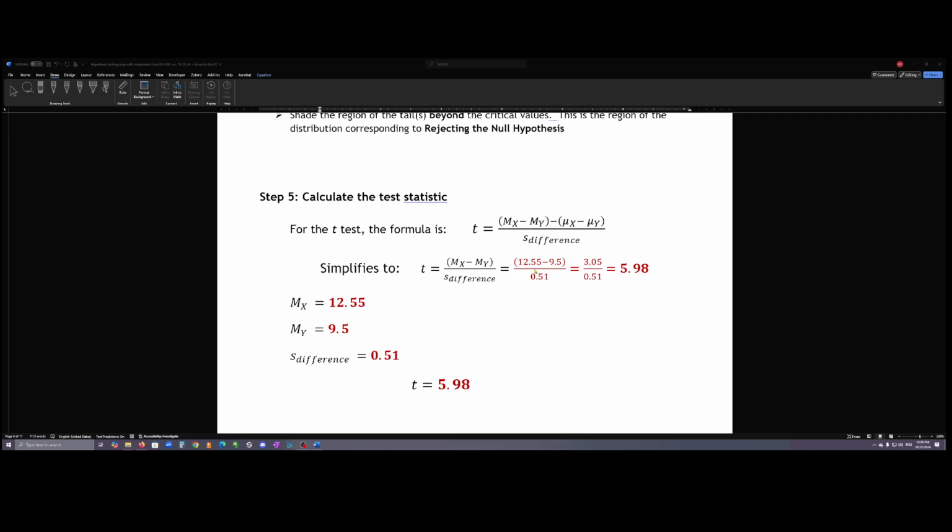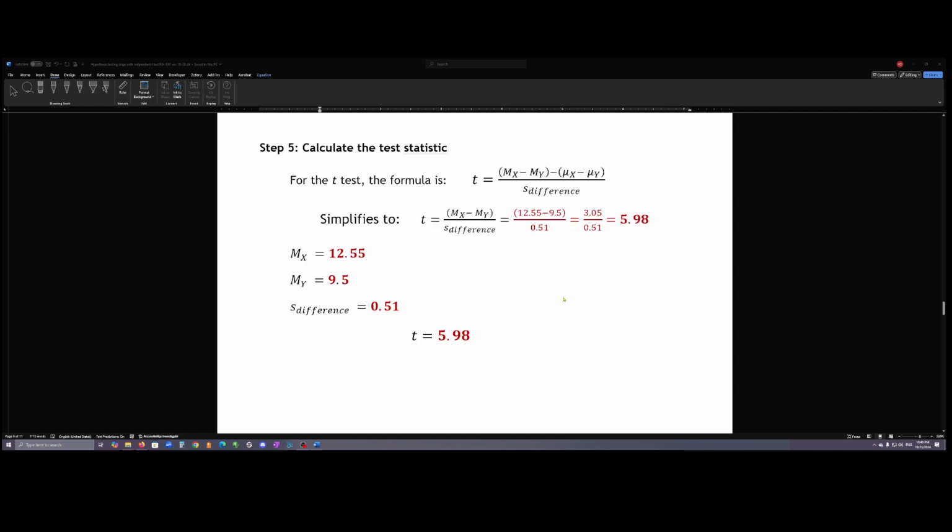So that basically gives us that 12.55 that we calculated, the 9.5, which is the mean for the second group, and that standard error estimate of 0.51. Plug those in up here. It gives us a t-test statistic value of 5.98. So this is what our sample data are telling us.